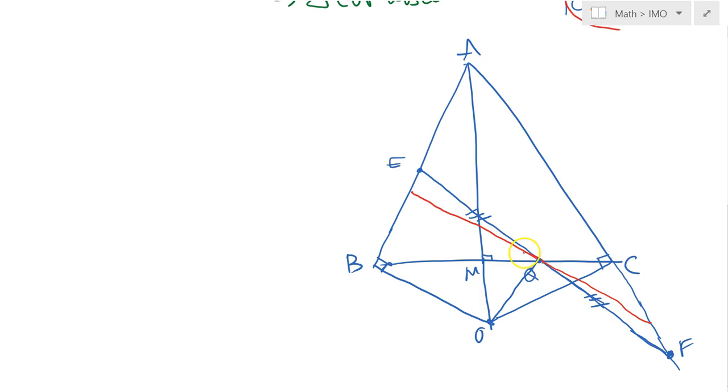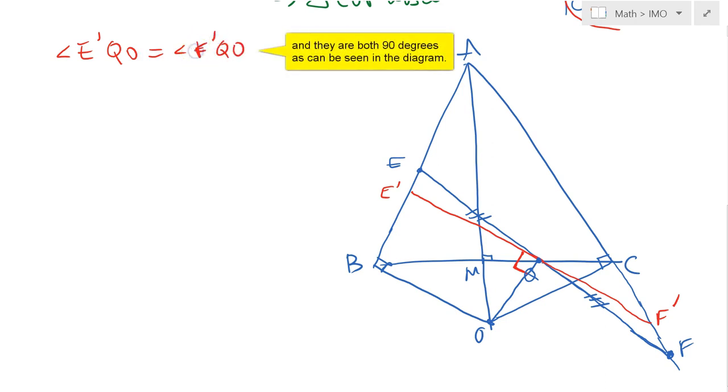So this angle here is 90 degrees. Let's call this point E prime, and let's call this point F prime. So I'm suggesting here that angle E prime QO is equal to angle F prime QO. My goal would be to show that the points E prime and E are in fact coinciding.